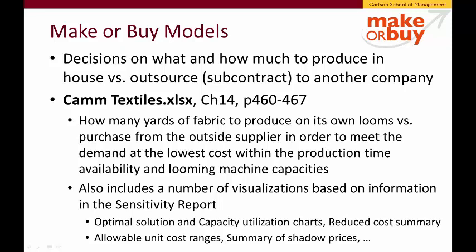Finally, the information from the sensitivity report, I'm talking about the CAM Textile example here, includes a number of simple yet informative charts in the textbook, ranging from optimal solution and capacity utilization charts to reduced cost and shadow price summaries with allowable range visualizations. And we'll do some of it, not as much as it is in the chapter, but some of it in our own example coming up next.